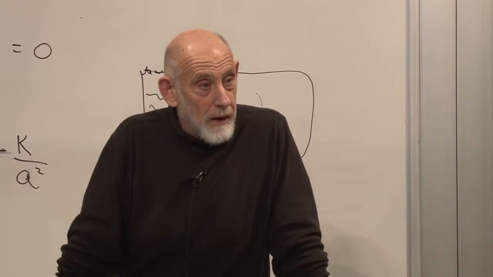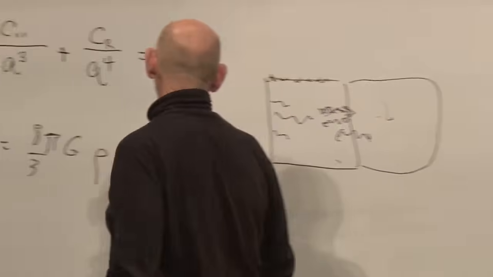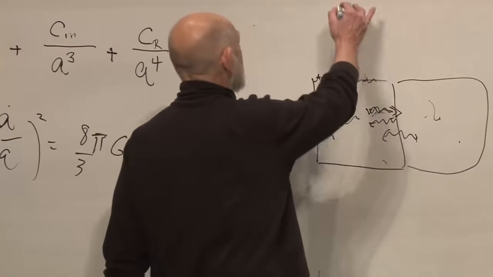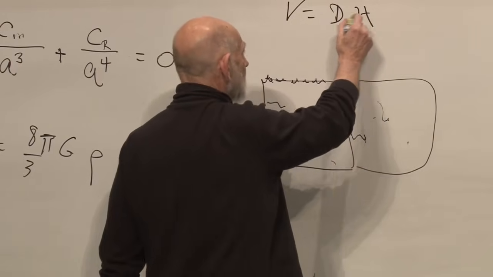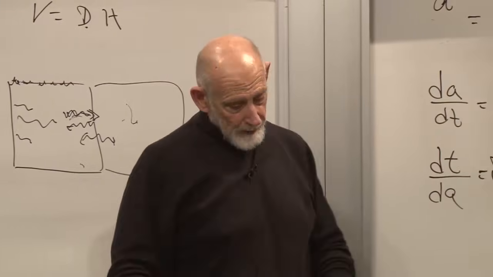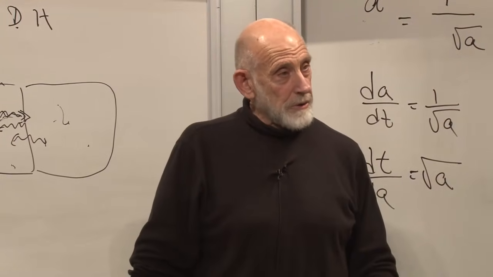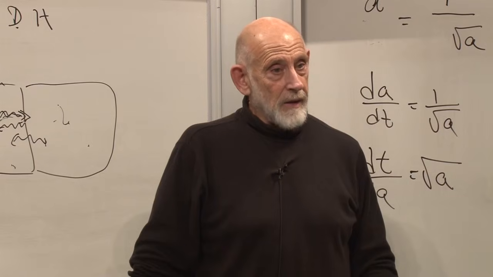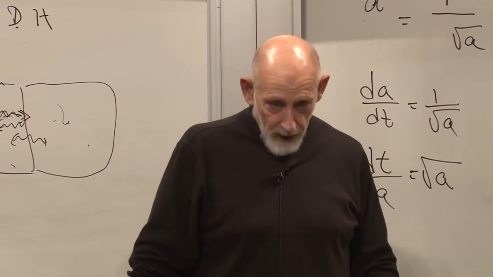That is quite allowed. And as you point out, if you have a formula which says velocity is equal to distance times the Hubble constant, and you make the distance big enough, the velocity will, sure enough, exceed the speed of light. It's connected with the idea of a horizon. But you're right.